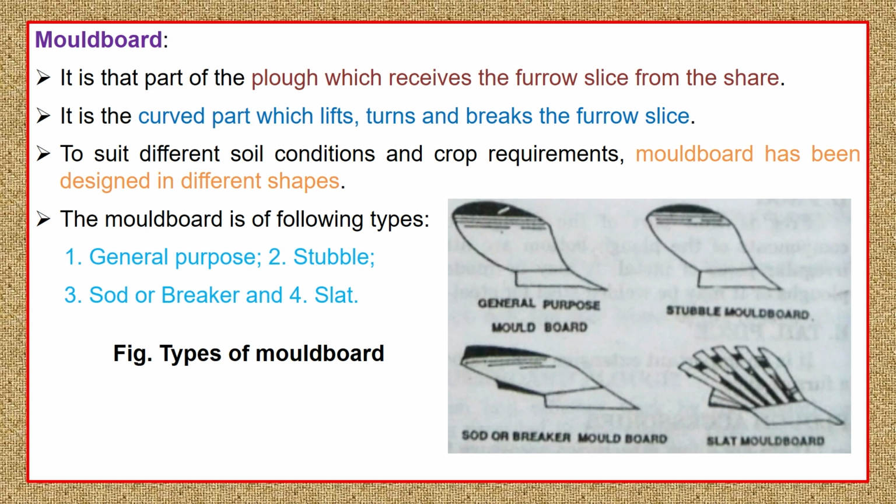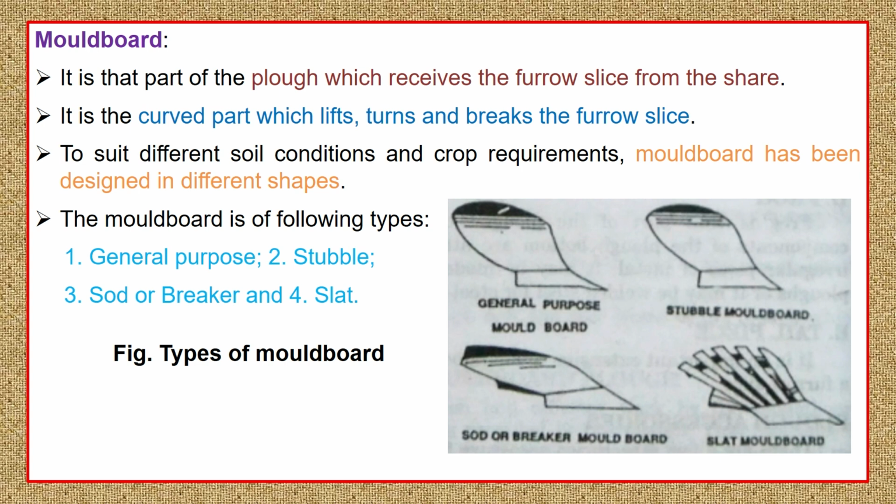So stubble moldboards are generally designed to work in a field that consists of stubbles of the previous crop. Wherever there are stubbles from previously harvested crops, in such a field the general purpose moldboard cannot work well.